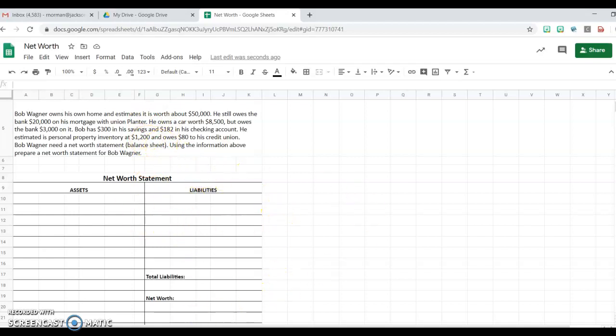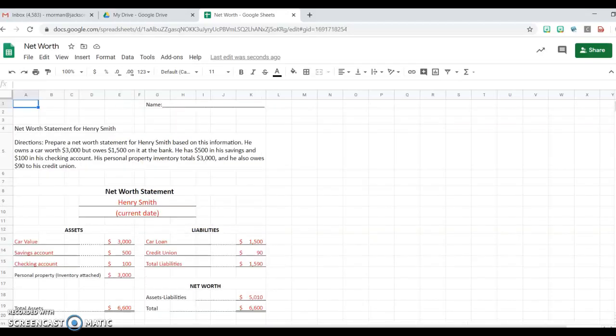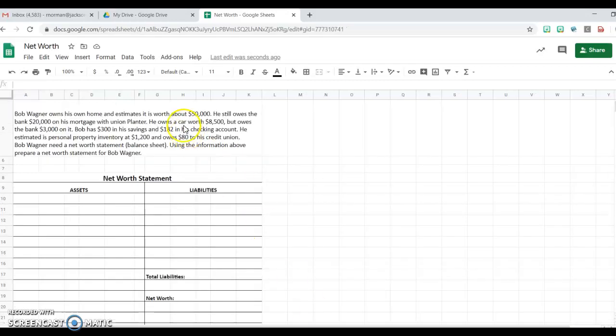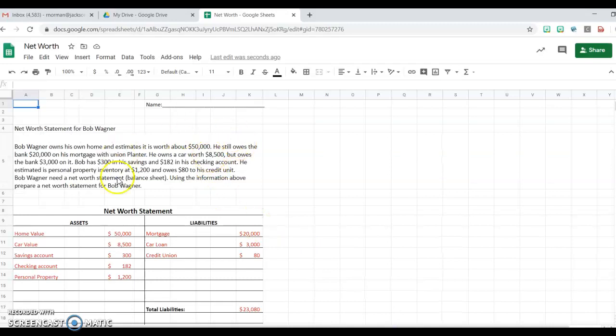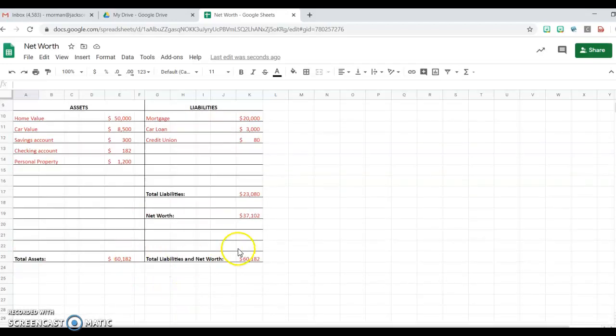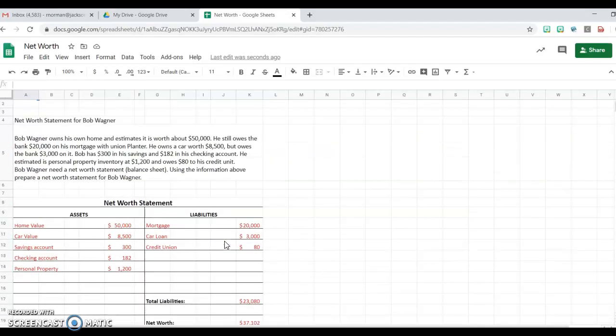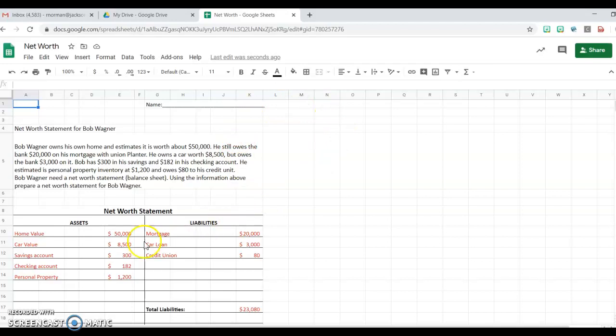And I do suggest you could probably just look at the Henry Smith one, but I would work through the Bob Wagner to make sure I do it correctly. Because after this, you will have a graded net worth statement to complete. So I would make sure I look over Bob Wagner and understand where everything went, just like I did when I went over Ben Lingo.